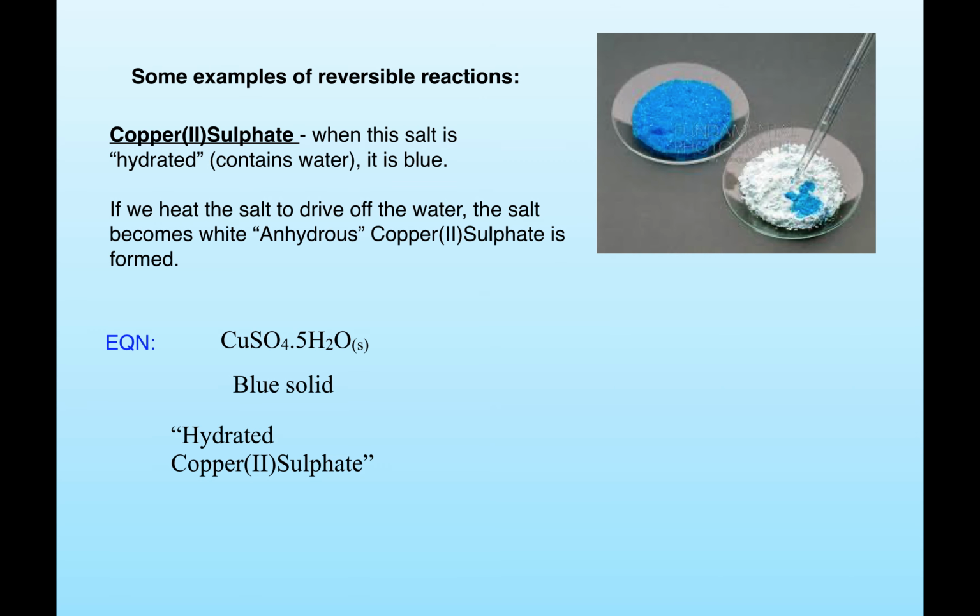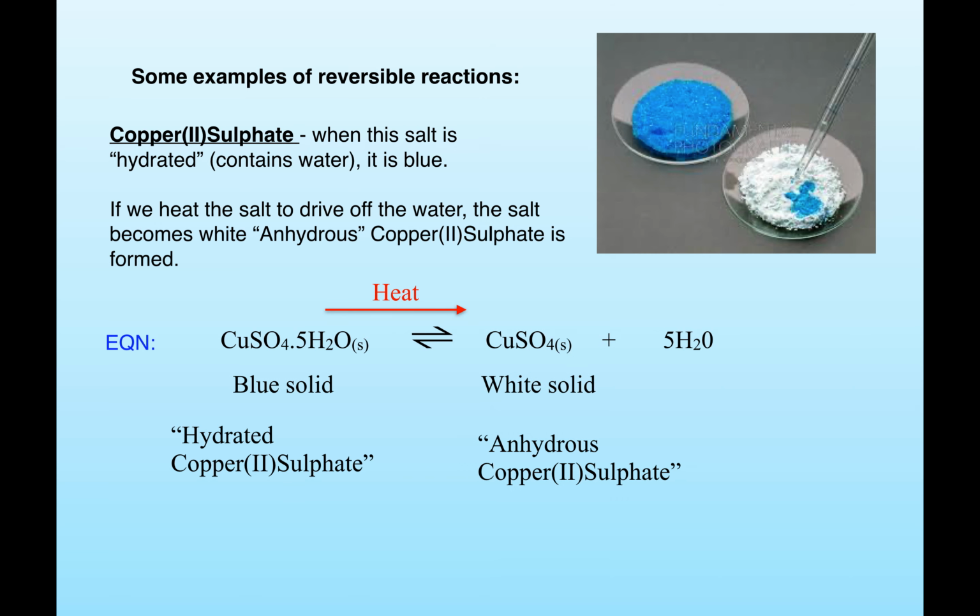We can represent this as an equation. So this is the hydrated copper(II) sulfate, a blue solid. We heat it and it produces anhydrous copper(II) sulfate, which is a white solid, and then water is driven off. So here we would see water vapor in the boiling tube, for example.